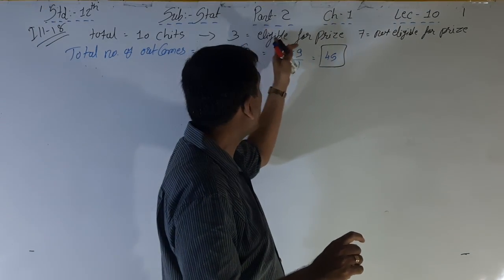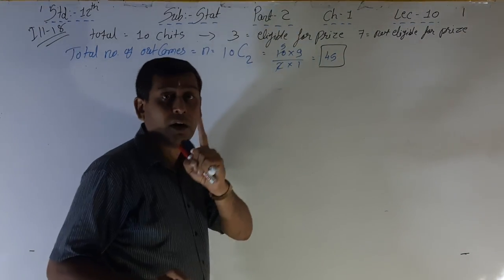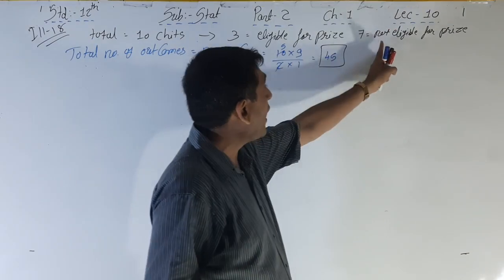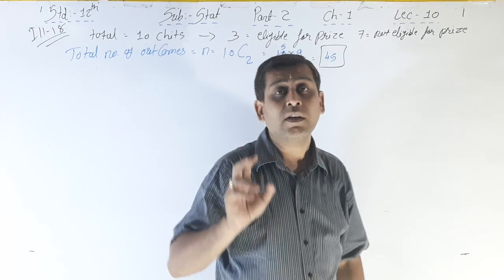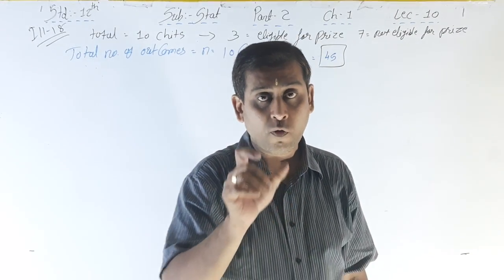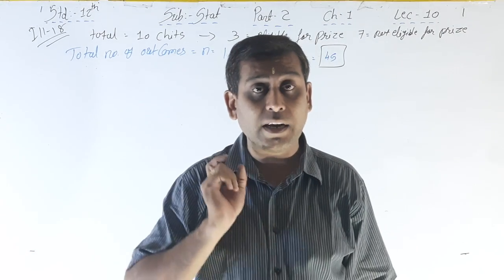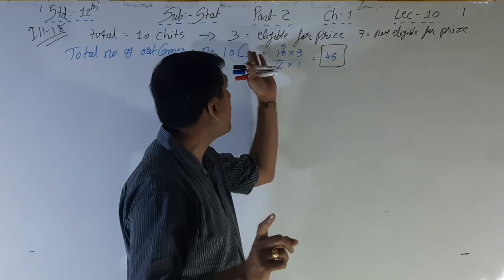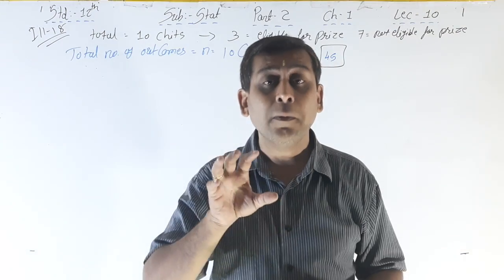See here, from the 3 chits eligible for the prize, Kathan selects 1 chit, and from the 7 non-eligible chits, Kathan selects 1 chit. That is here 3C1 into 7C1. From that, total 2 chits are selected by Kathan, but 1 from eligible for the prize and 1 from not eligible for the prize.